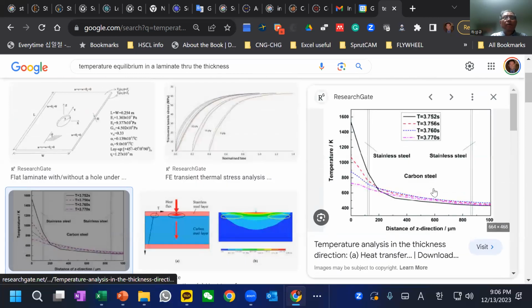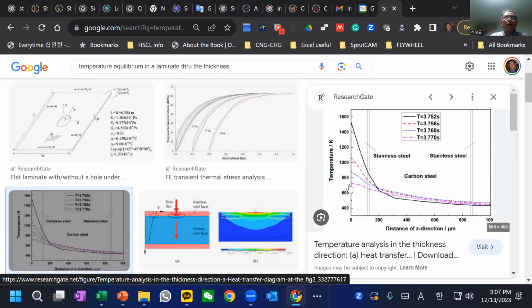For example, as you can see here, this is the temperature, vertical. This is through the thickness. We have a different coordinate, but you understand that through the thickness, we have one layer, and the second layer happens to be very thick, and a third layer. The first one is stainless steel and carbon steel and stainless steel. It doesn't need to be composite.